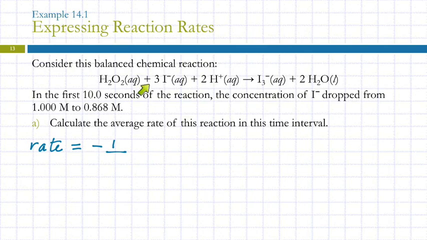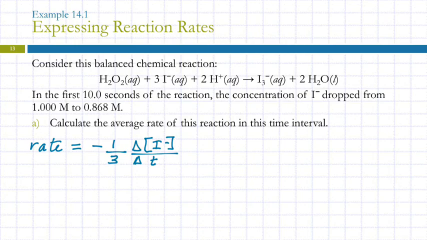And then we've got the I- concentration. Whoops, I forgot the delta. It's the change in the I- concentration divided by the change in time. Defining the rate in terms of the I- concentration.